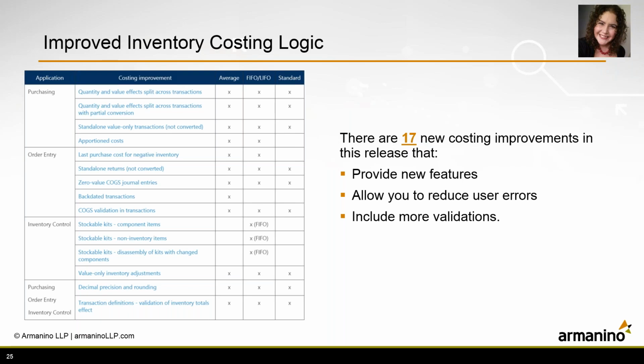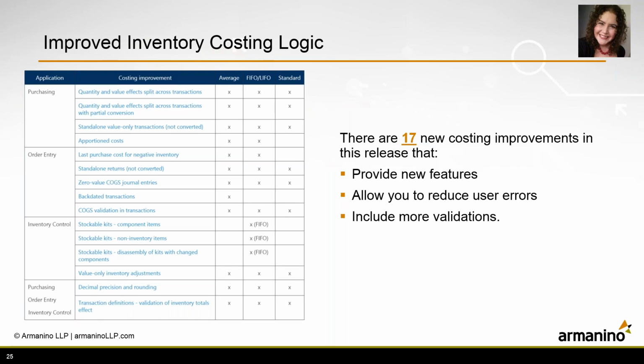And much of these are to reduce user errors when you've got quantity and value on different transaction definitions, like in the case of a shipper and a vendor invoice. It's easy to get those misaligned because you've got to do things in a very specific order to prevent those accounting errors where you've got inventory with no value or value with no quantity.